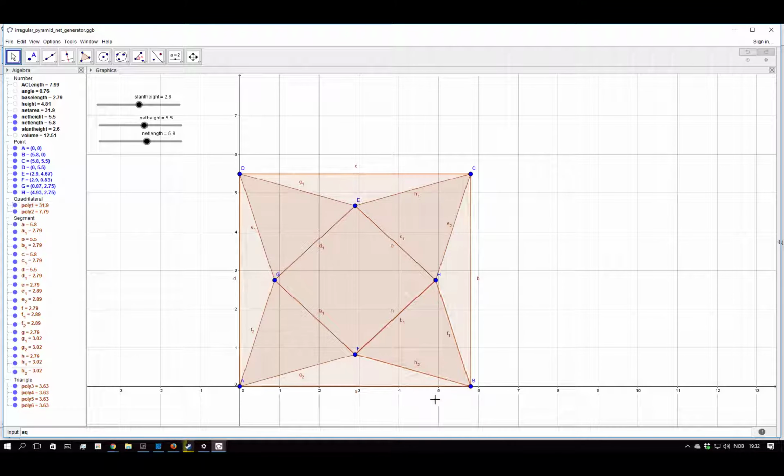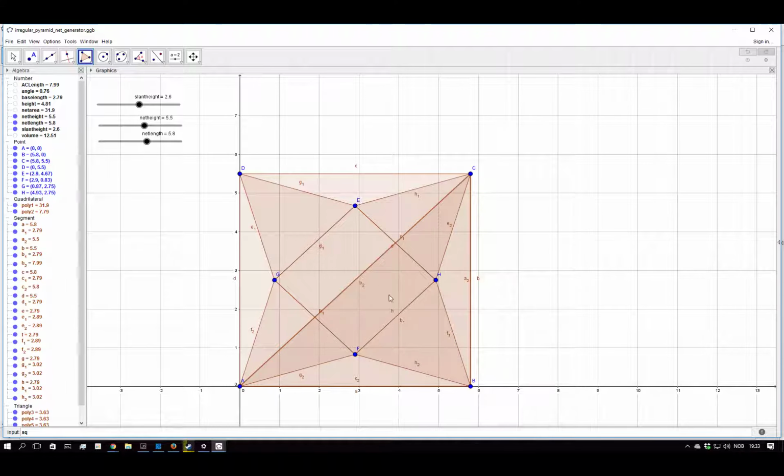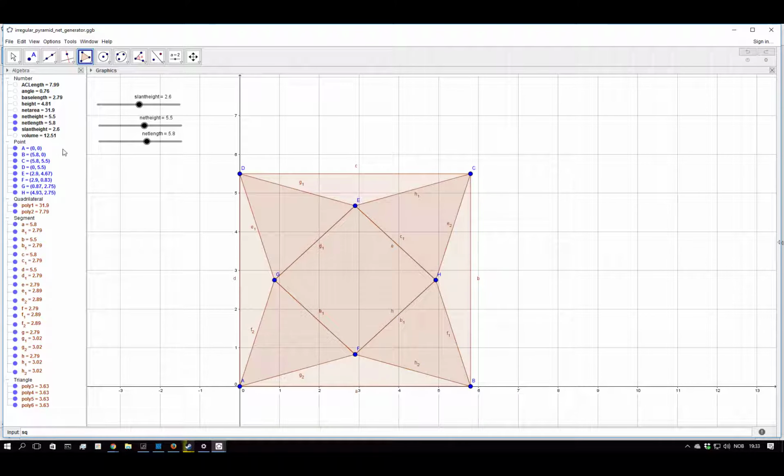So tan is of course opposite over adjacent, so that's net height over net length. If I create this polygon right here, basic trigonometry, and that's how you get this angle here. Okay, there you have the angle.